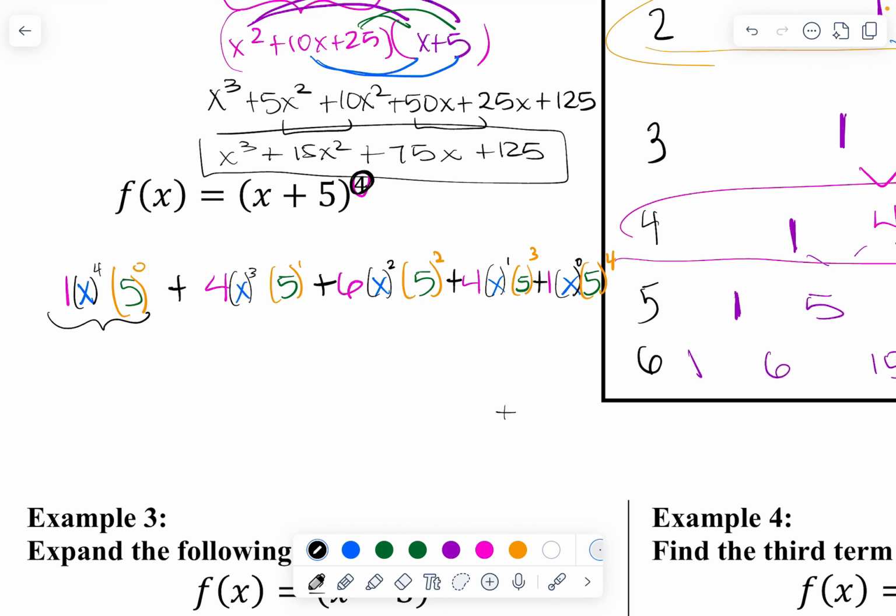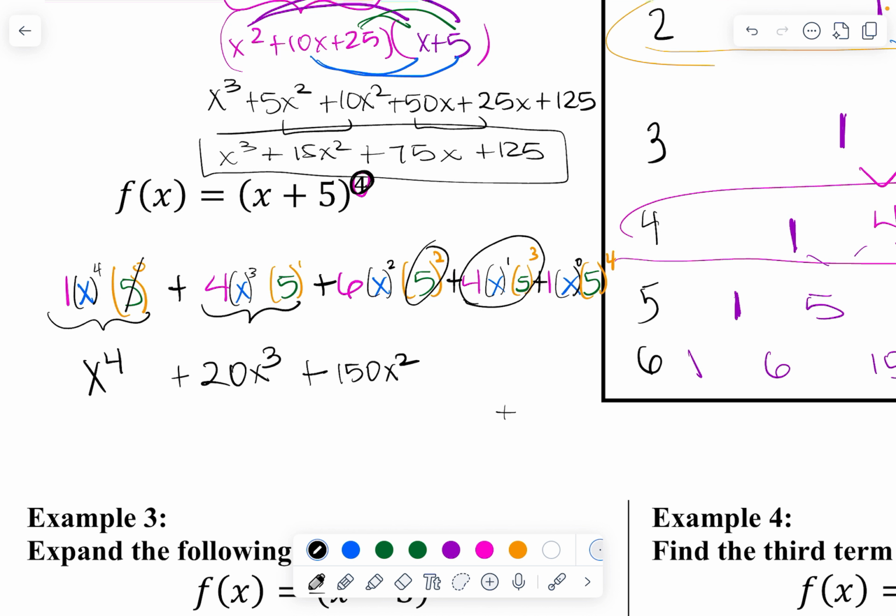Now we're going to evaluate here. So I know 1 times x to the 4th times 5 to the 0, that's just 1. This is x to the 4. Here we get 4 times x to the 3rd times 5. 4 times 5 is 20, x to the 3rd, plus 5 squared is 25 times 6 is going to be, what is that? 150 times x squared.